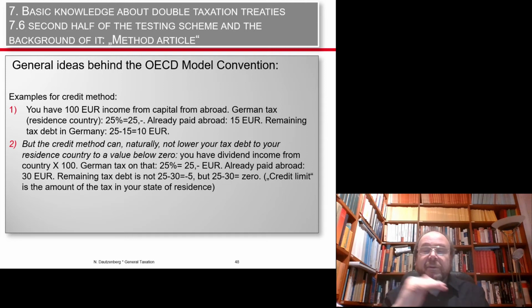So your own home state tax, in that case 25, is the highest limit which you can credit. 10 can be credited, 12 can be credited, 15 can be credited, 25 can be credited, but not 30. Then it's cut off at 25. Your home state tax is the credit limit. Nice terminology for a very, very simple situation. Good.